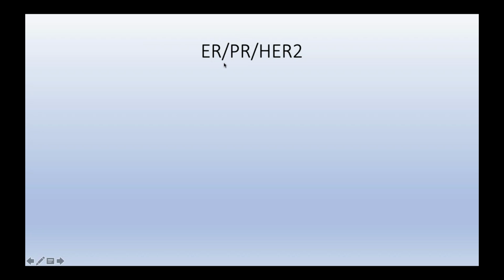Does it express estrogen receptors or progesterone receptors or both? And the third one is HER2, which is a gene that we discovered a while back, and have found that that's an important prognostic feature as well to know about. And I'll show examples of each of these.